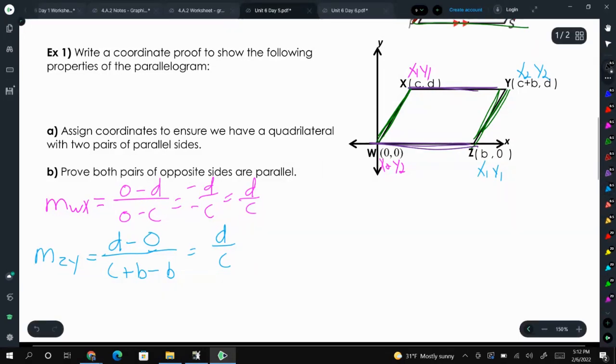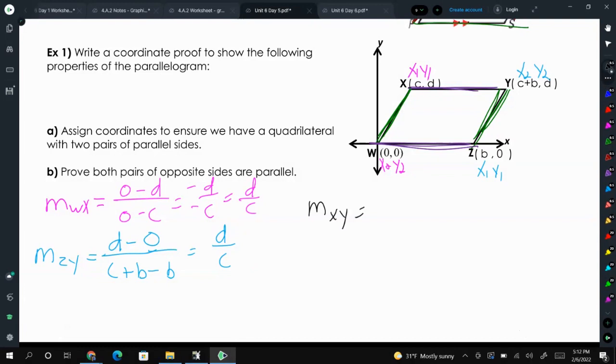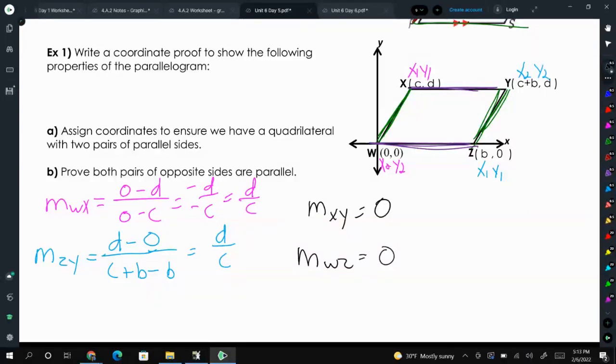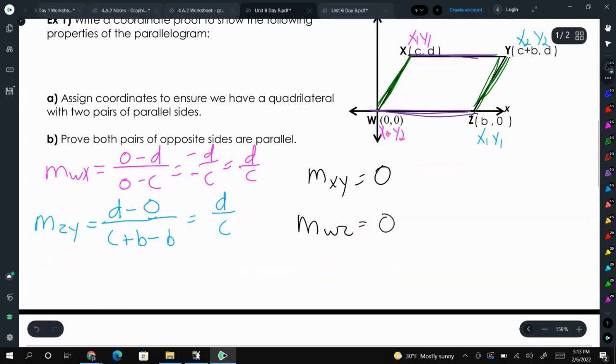Now let's look at the slope of XY. Well, because it's a horizontal line, we know that has a slope of 0. And then the slope of WZ is also another horizontal line that is also 0. So both pairs of opposite sides are parallel.